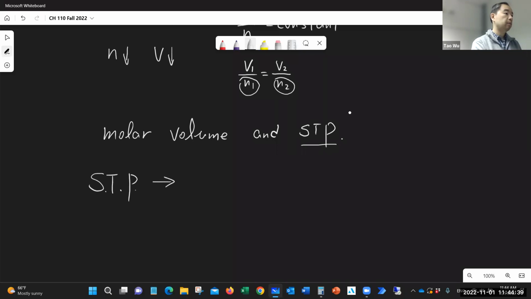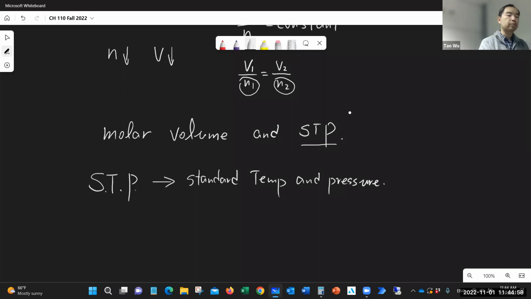This is different from the standard conditions in thermochemistry. Here, the pressure is still the same, 1 atmosphere.